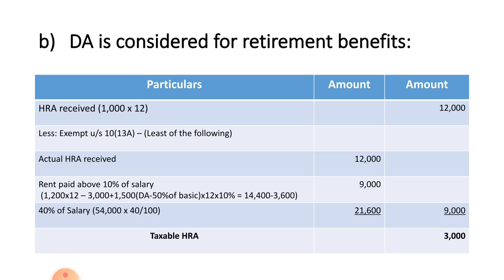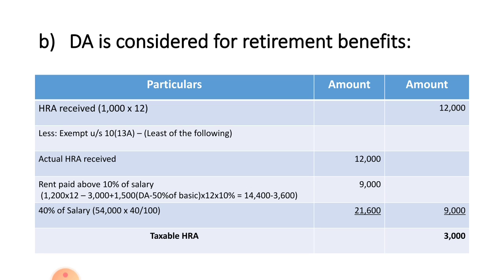Calculation is same, HRA received 12,000 less least of the following exempt under section 10 subsection 13A. Under that first one, actual HRA received 12,000 and rent paid over 10% of salary.